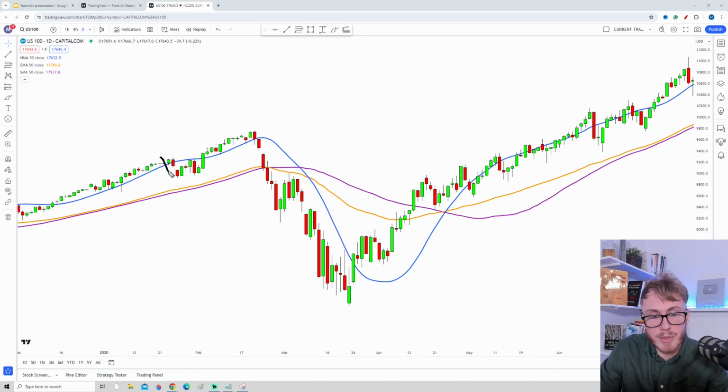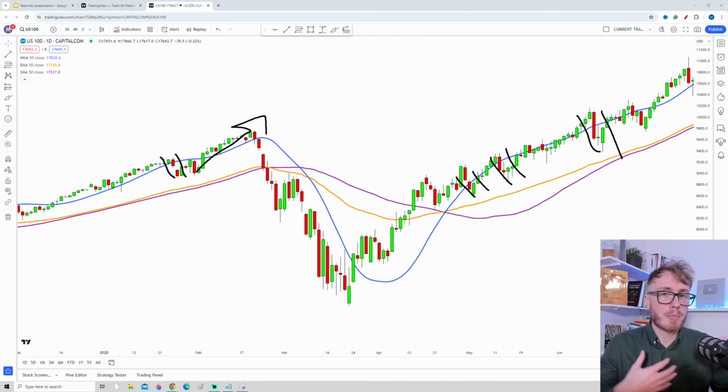You can, for example, right here, the price broke below the HMA, right? But then it quickly pushed above. You can also see that many times during the uptrend here, the price actually broke below the HMA. So the improved responsiveness can be a good thing if you are a very fast-paced trader, but it can also be a negative thing as well.